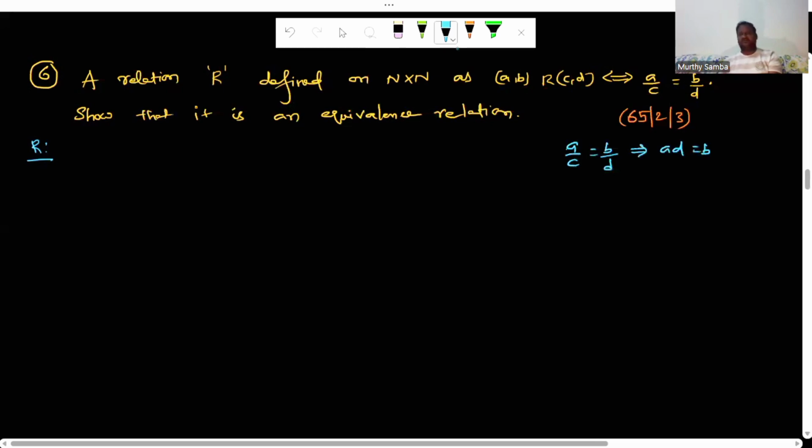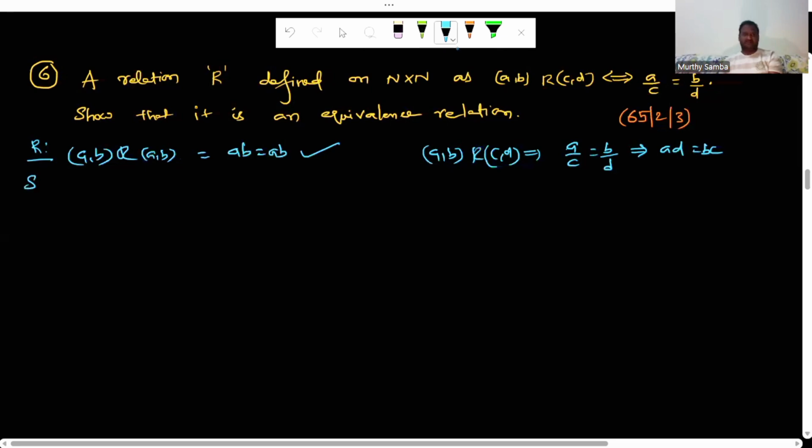This is nothing but the product of extremes equals the product of means, for (a, b) related to (c, d). Now to check whether (a, b) is related to (a, b) or not, the product of extremes is ab, so ab is equal to ab. Is it reflexive or not? Yes, it is a reflexive relation.